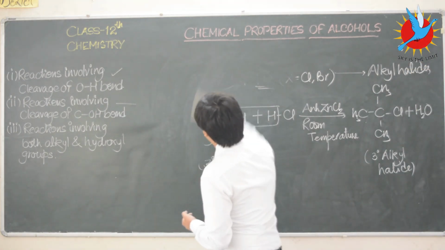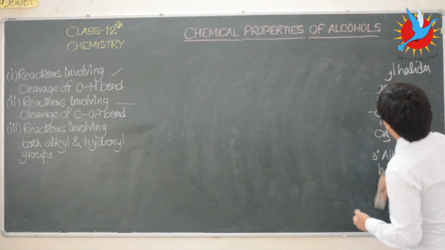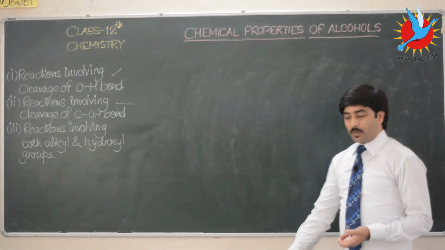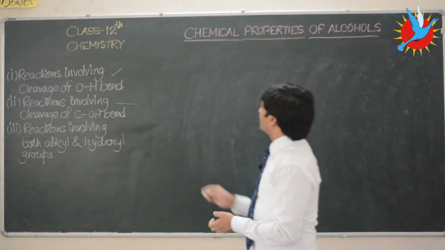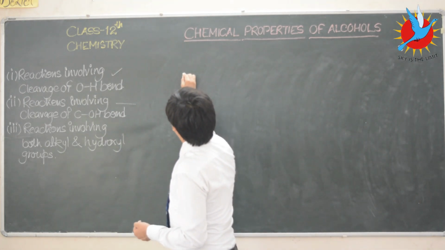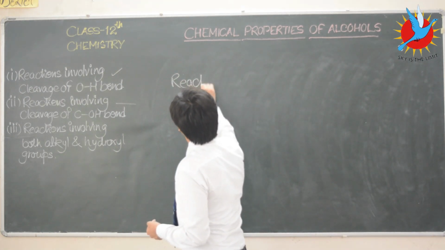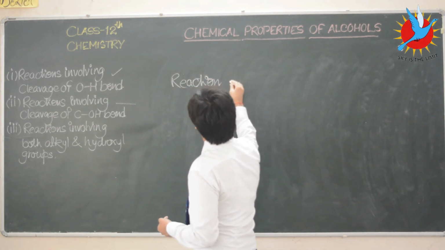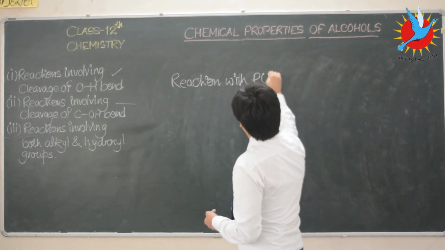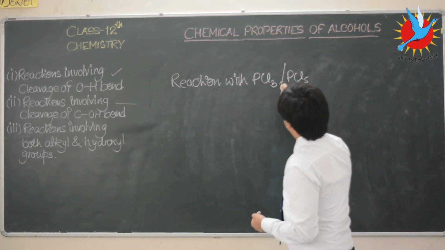Now we are talking about second reaction. The second reaction is reaction of alcohol with PCl3 or PCl5. So here we have alcohol. This is second type of reaction, reaction with phosphorus halide, that are PCl3 or PCl5.